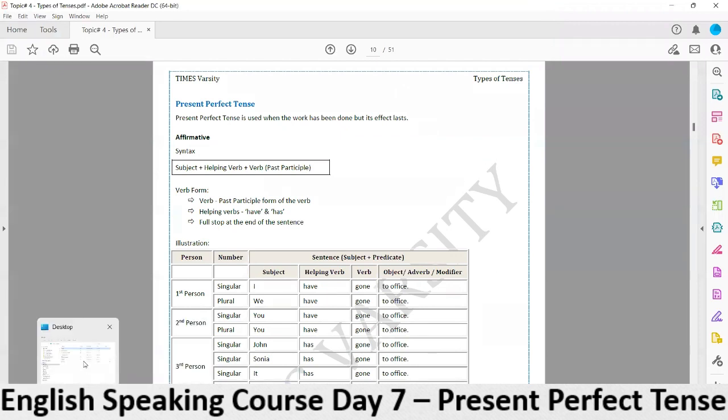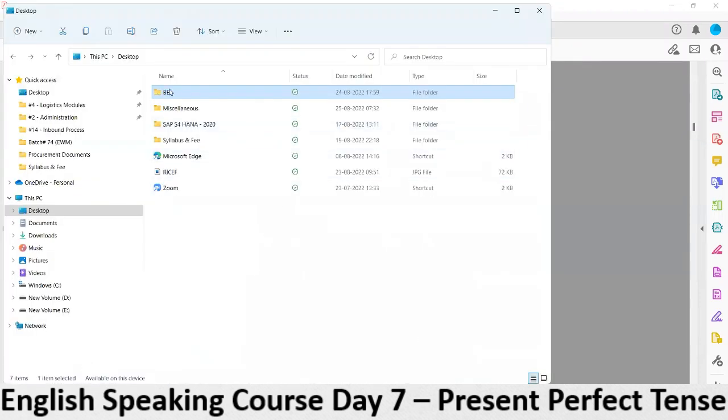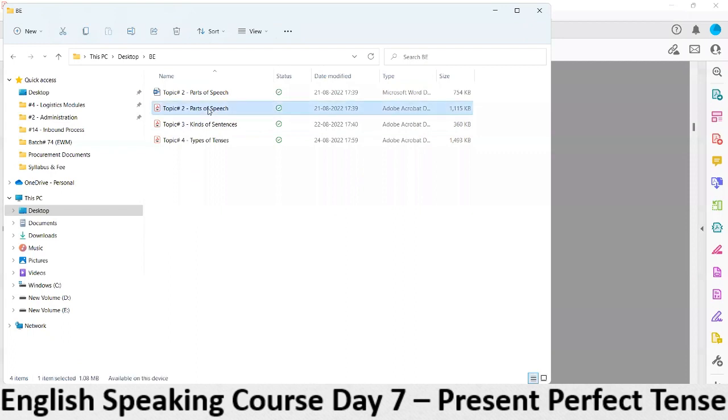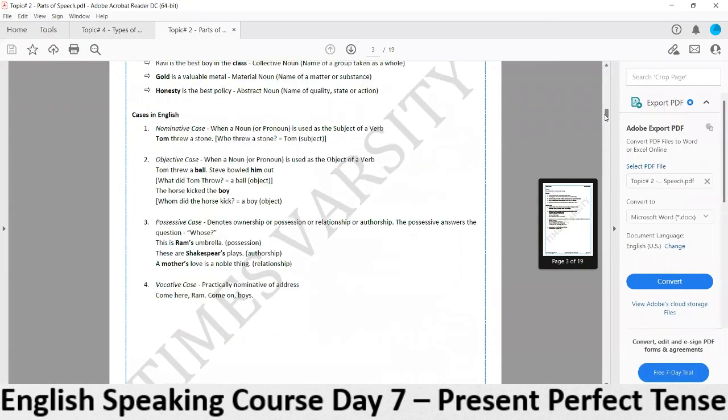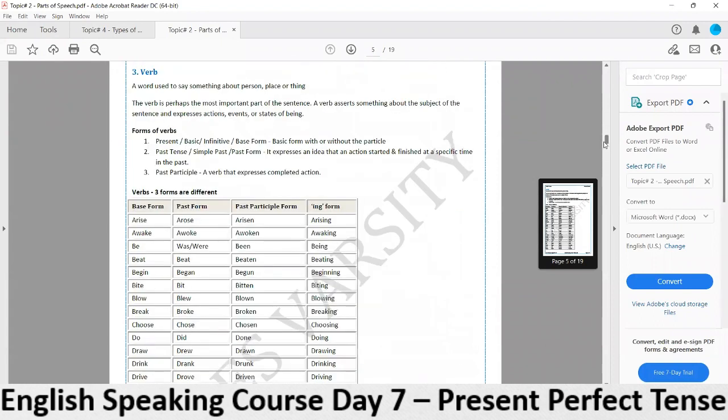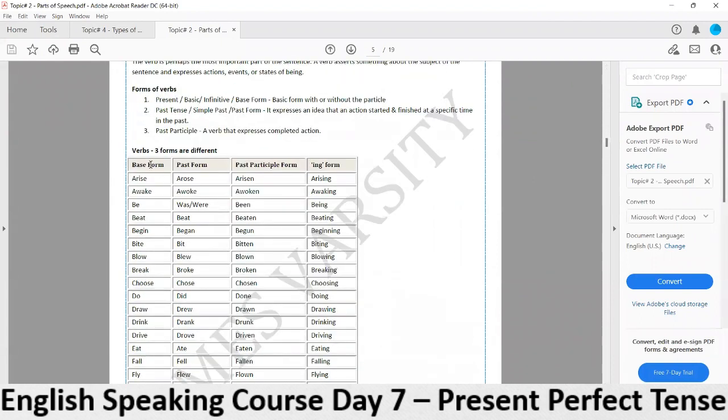So let's refer to the document where we have forms of verbs in parts of speech. Yes, so here you can see base form, past form, past participle form, or third form. Base form is first form, past form is second form, past participle form is third form, and this is the ing form, right?